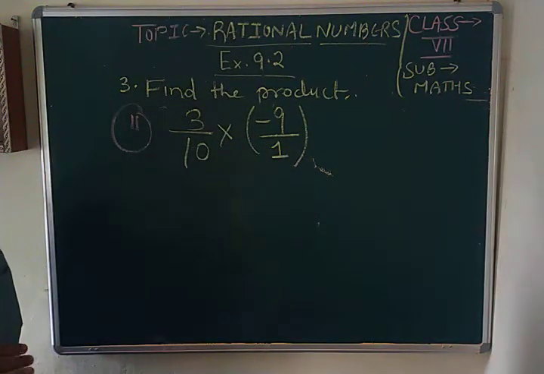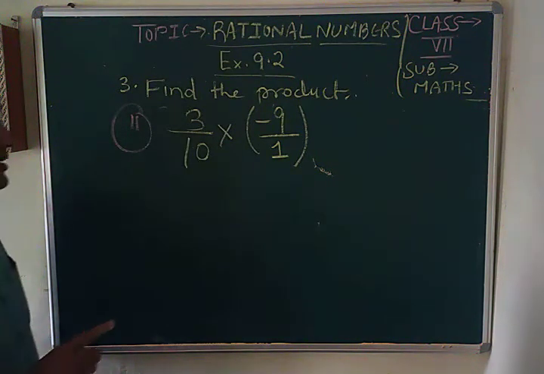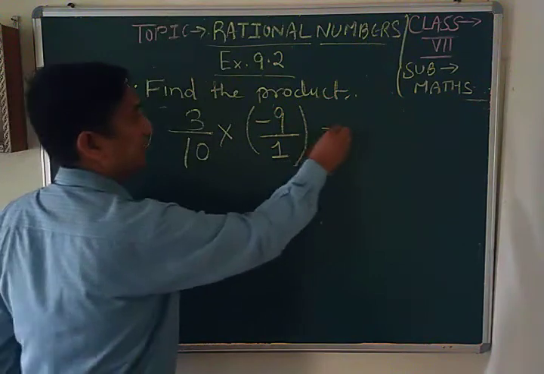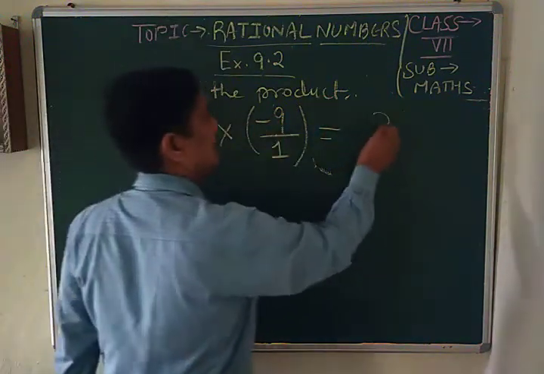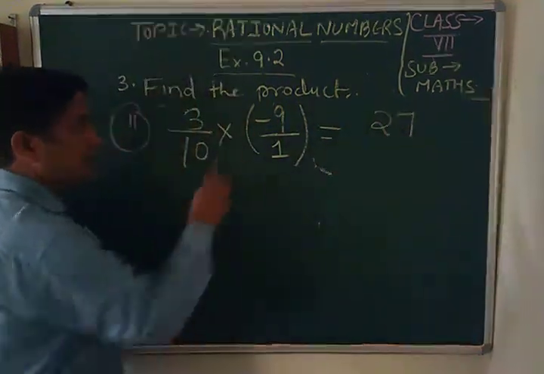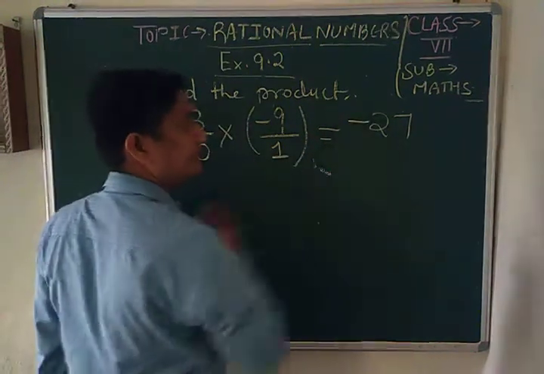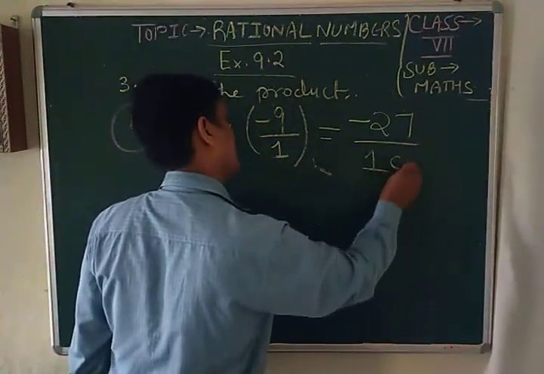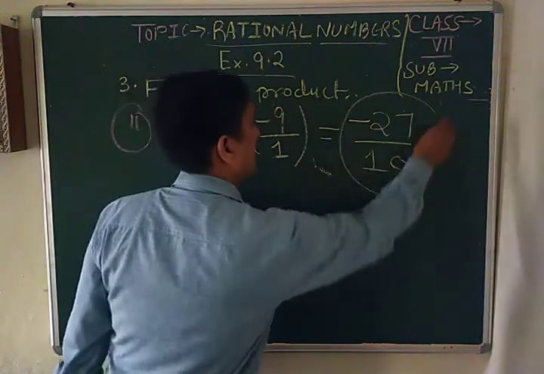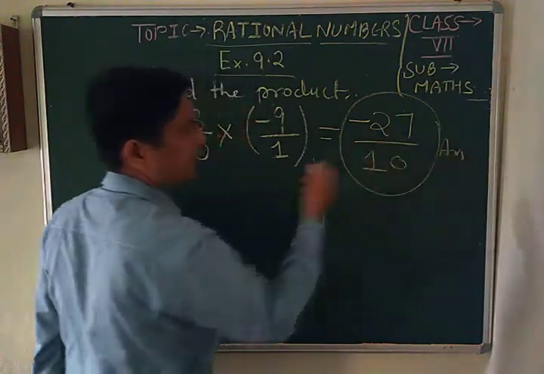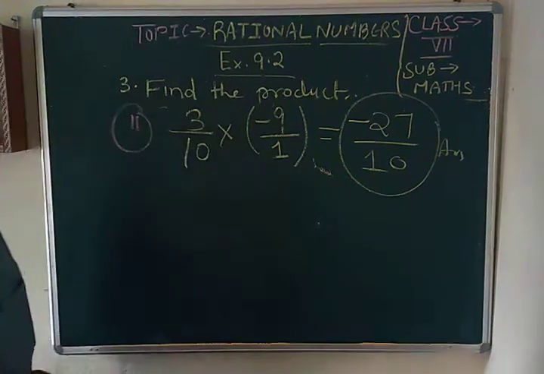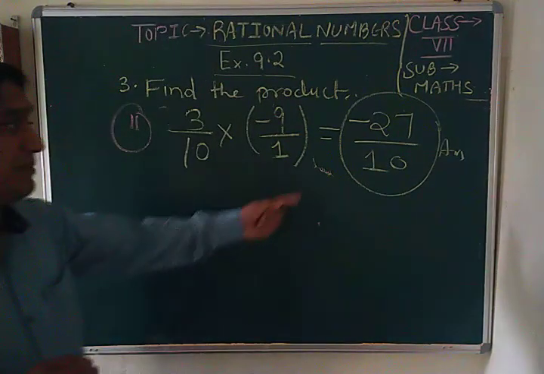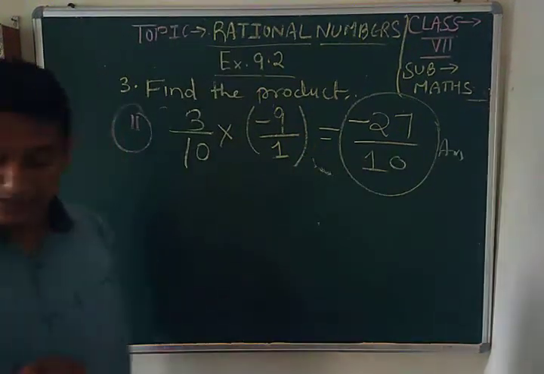It is understood. Every number has 1 in its denominator. Now multiply, it becomes 9 3s are 27, minus, 10 1s are 10. So children, this is your answer, as both are not divisible. So minus 27 upon 10 is your answer.